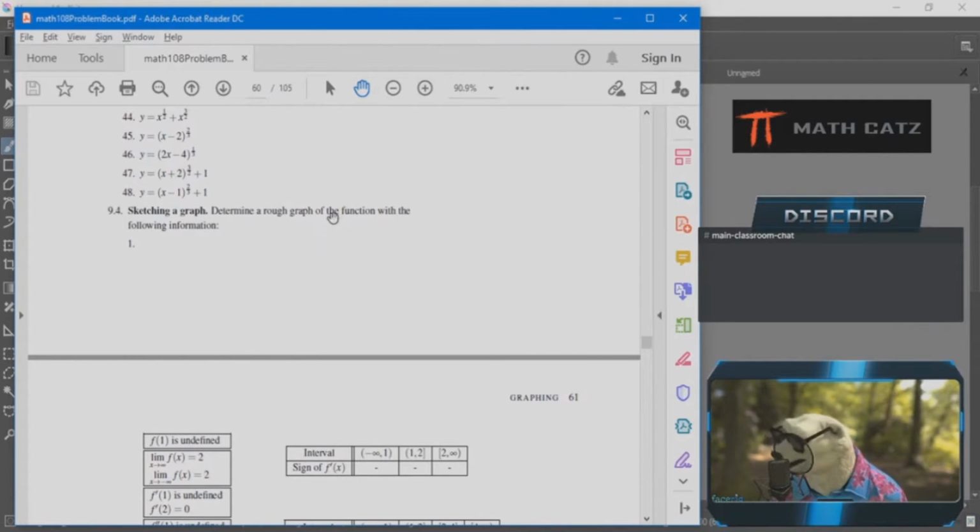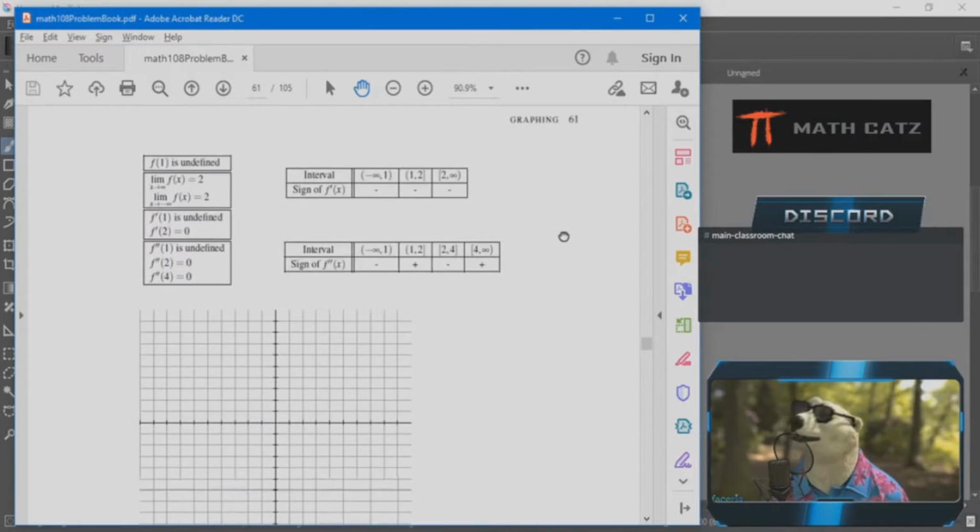So: determine a rough graph of the function with the following information. Sometimes they give you all the information you need. Sometimes they leave some stuff out in terms of specific y values so that you can focus on the shape. And you can pick a y value that gives you a nice curve, and we'll see that as we go.